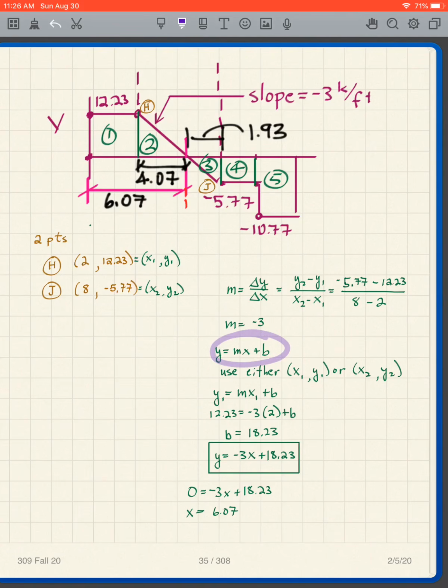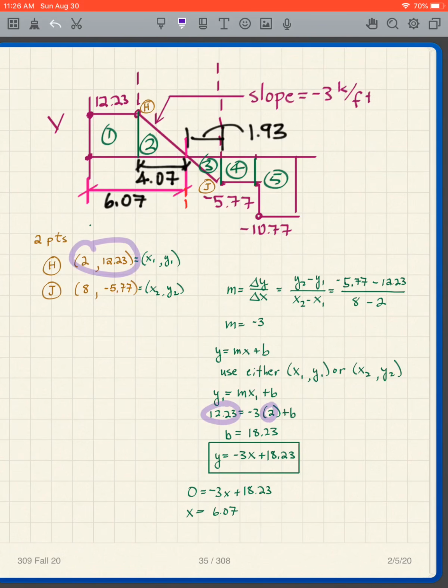I'm using y equals mx plus b, and at this stage I need to get b. I use either x1, y1 or x2, y2. I'm choosing x1, y1, which means I put y1 in for y and x1 in for x, so I put in my 12.23 and my 2.